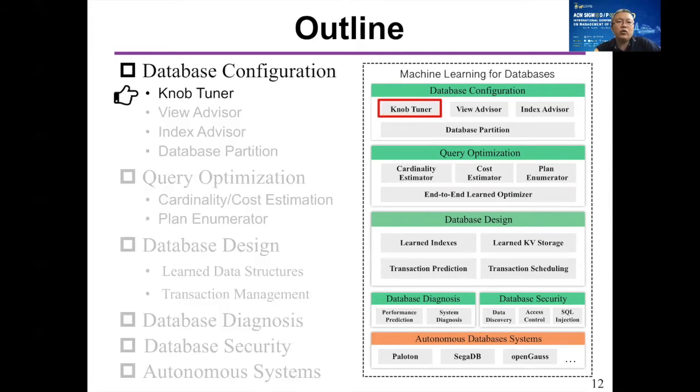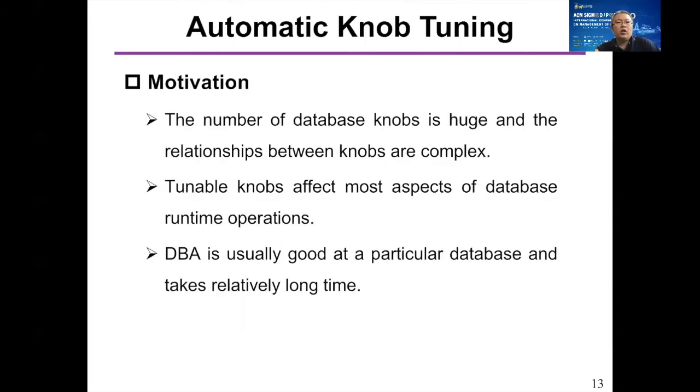First, I want to introduce knob tuning. The motivation is that there are lots of database knobs, and it's very important to tune the knobs to achieve high performance. More importantly, the knobs are correlated, and it's rather hard to tune them.